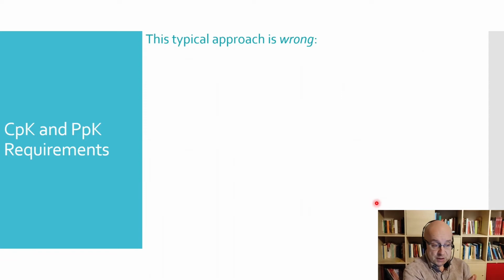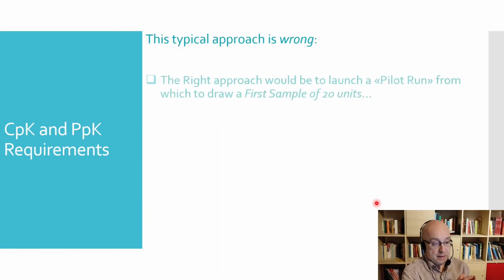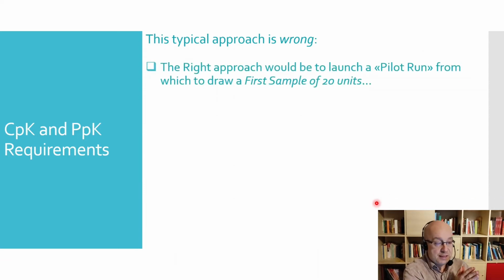And this approach is wrong. Why? Because we have seen that it's not enough to verify that each of the 20 values is within the specification limits. We need to calculate the process capability.